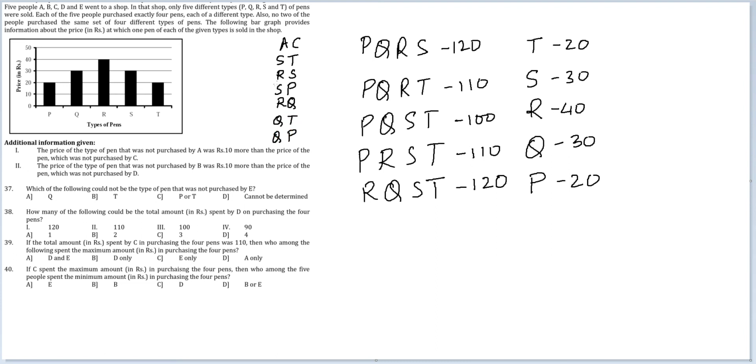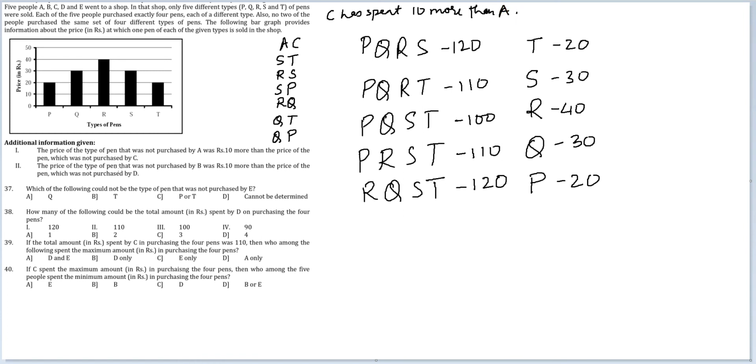These can be the six variants of pen. A not buying S, C not buying T. In other words, C has spent 10 more than A.